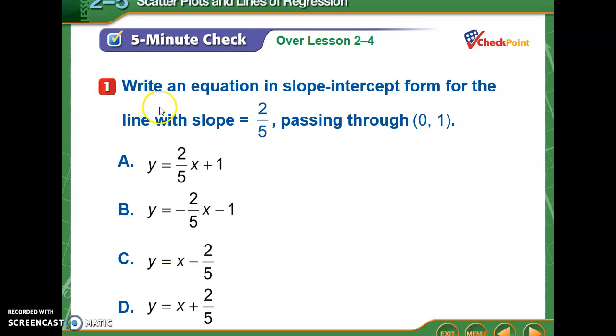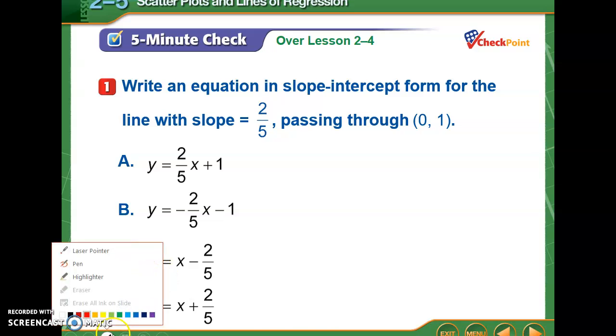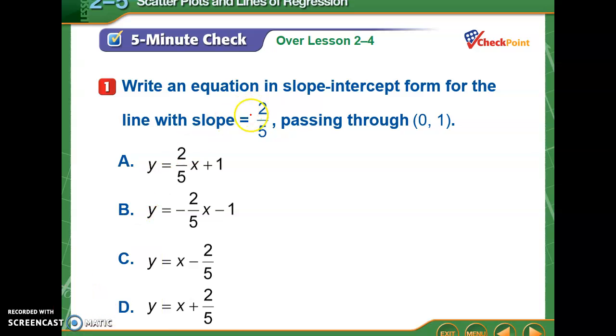Alright, problem 1, write an equation in slope-intercept form for the line with slope equals 2/5 and passing through (0, 1). Okay. So let's pull up a pen here. In this case, you're given the slope, this is your m, and then a point. This will be our x sub 1, and then your y sub 1.